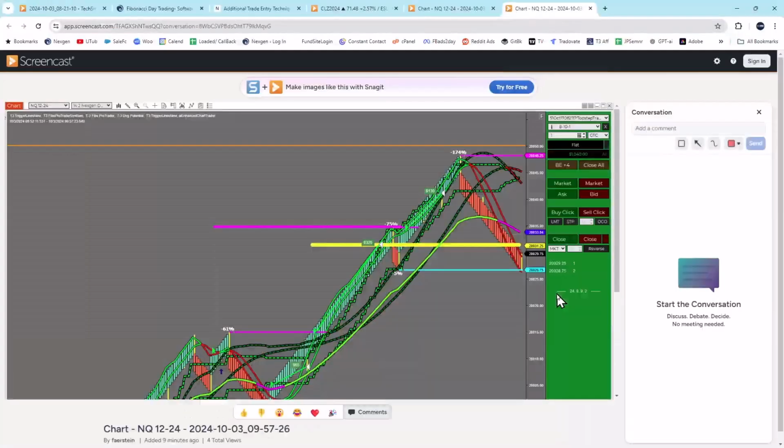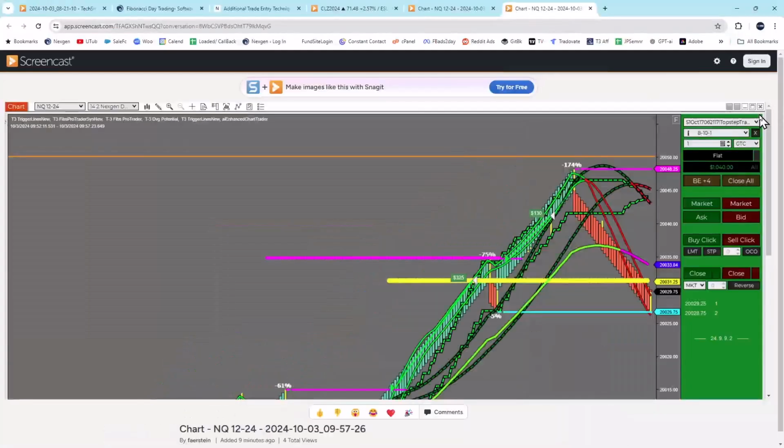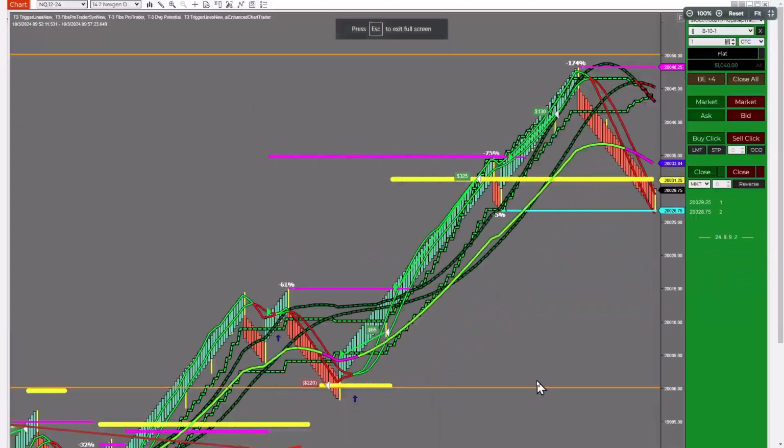PFI. Let me see what you're up to. So you went long and you made $65 and then $325, and then you went long and made $130. Net $1,000. Nicely done. So you went long here and lost 220.